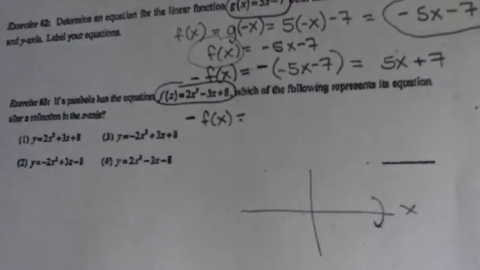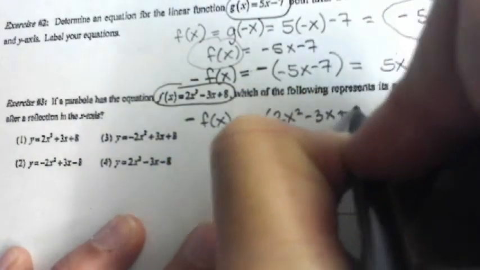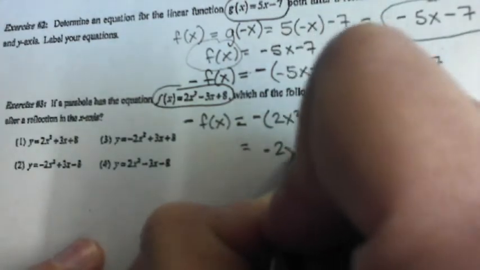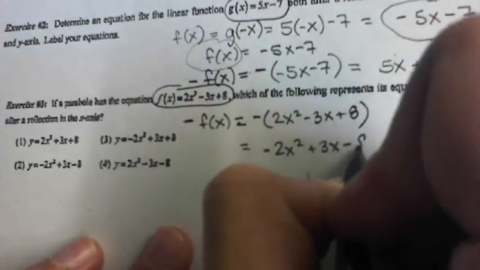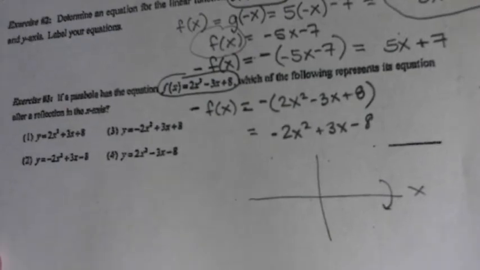Outside. So we're going to write an equation for negative f of x. And again, because f of x was a trinomial, I'm going to lock it up in parentheses and throw that negative out in front. And then to get to my answer, I'll just distribute that. Negative 2x squared plus 3x minus 8. Option 2.